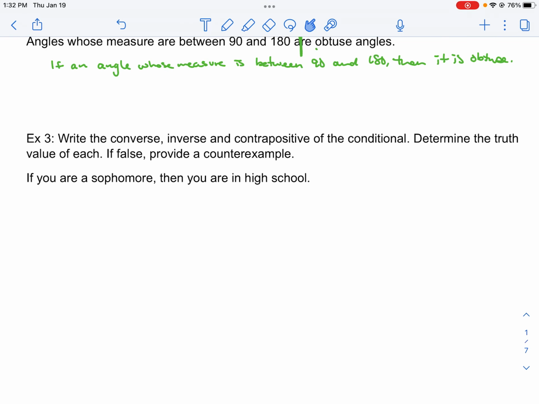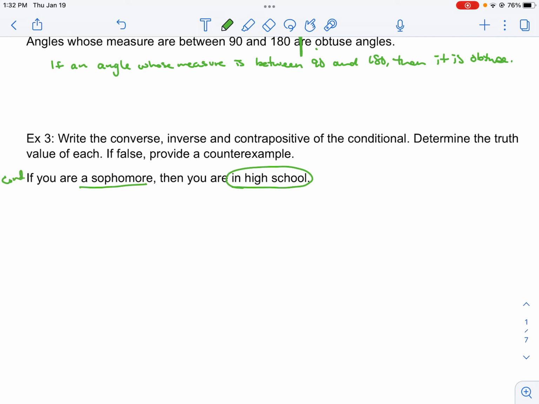Example 3, write the converse, inverse, and contrapositive. Determine the truth value of each. If false, provide a counterexample. So we have to figure out your P and your Q. Sophomore, high school. Those are your P and Q. So this is a conditional.